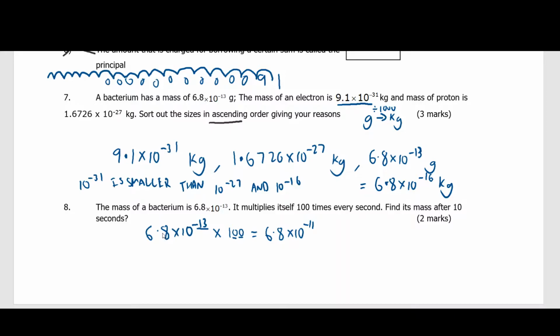That's after 1 second. After 10 seconds, we're going to times by 100 again. So it's going to give me 6.8 times 10 to the negative 11, negative 10, negative 9. And times by 100 again, so I'm going to have negative 8, negative 7.